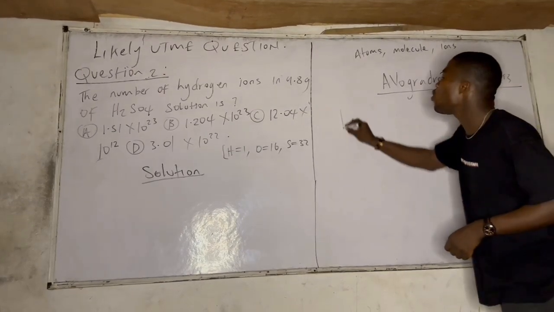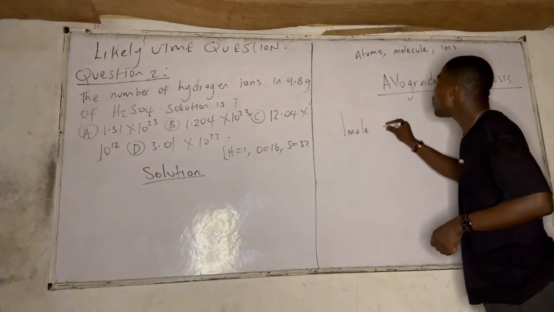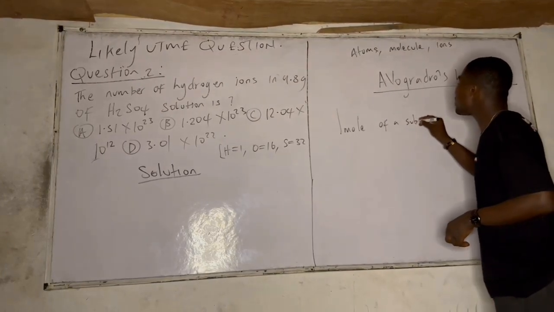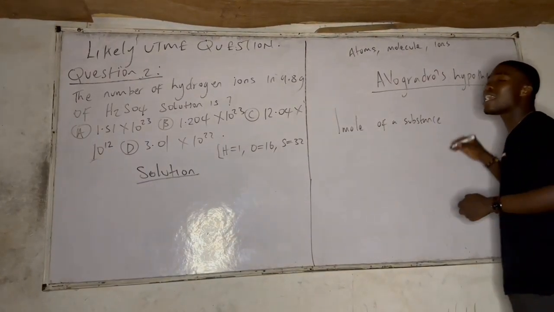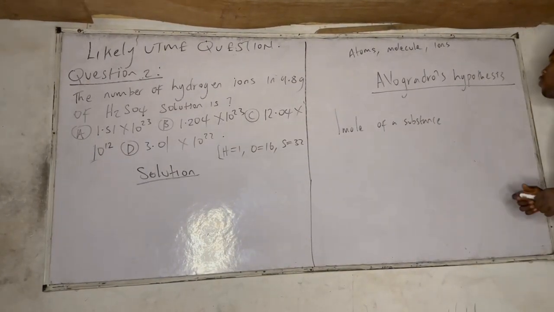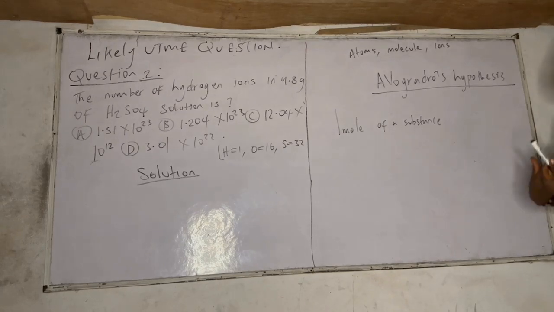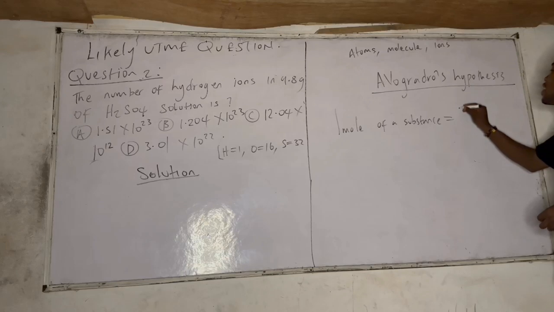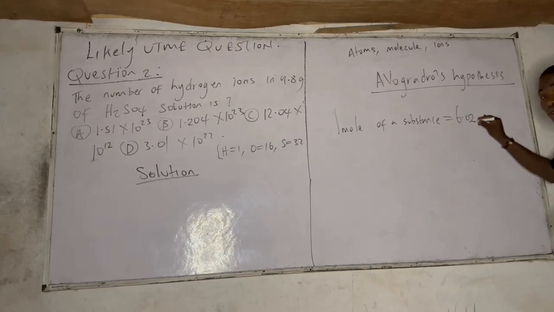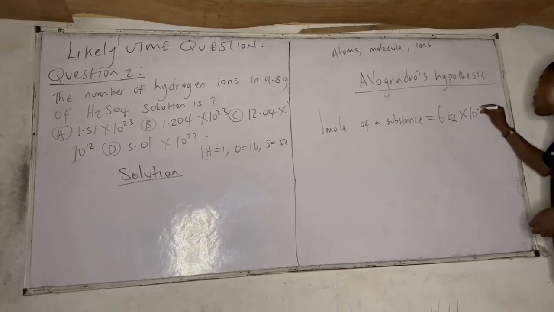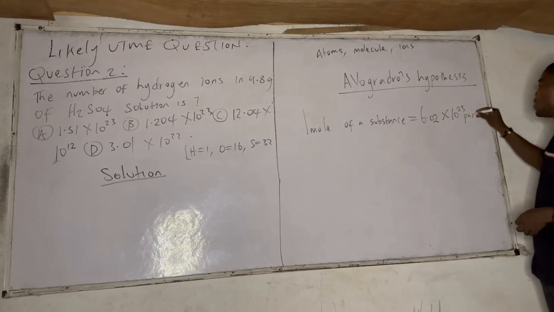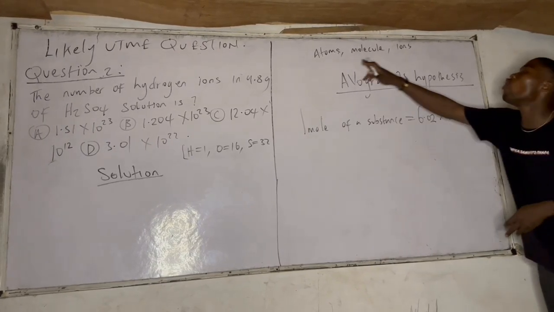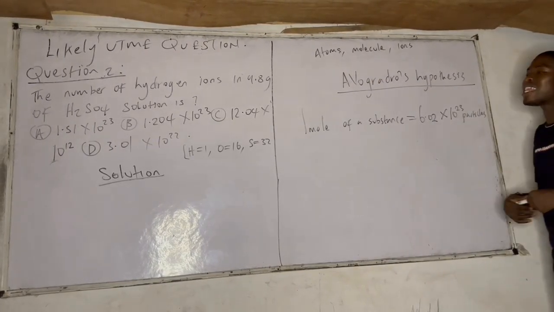He said 1 mole of a substance, be it a molecule, an atom, an element in molecule form, an element in atomic form, or even ions, contains 6.02 times 10 raised to the power 23 particles. So particles are these.